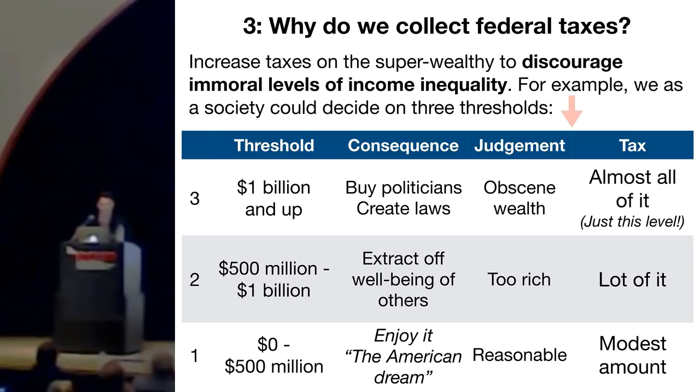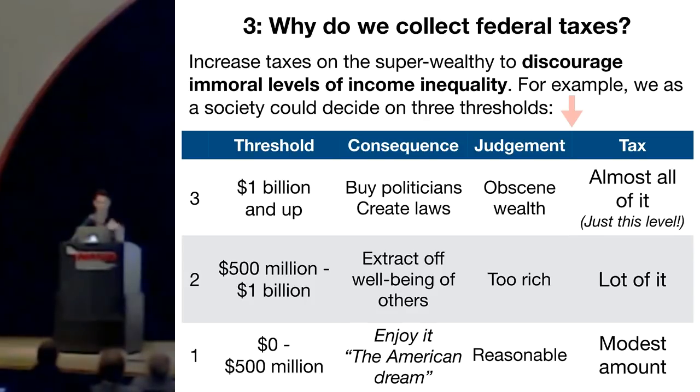For example, we as a society could decide on 3 thresholds, and we as a society could decide on the specific numbers for those thresholds. And let's say that this is what we came up with. The top threshold is $1 billion. Everything above that, if you have $1 billion or more.